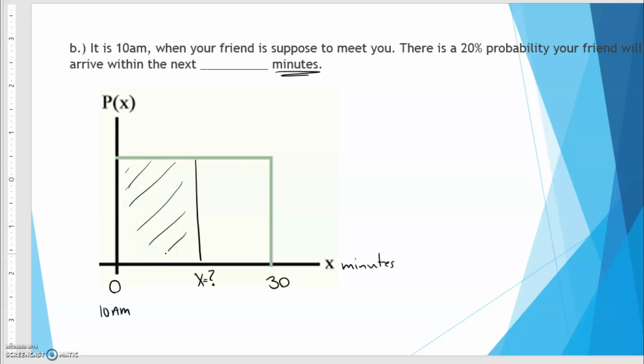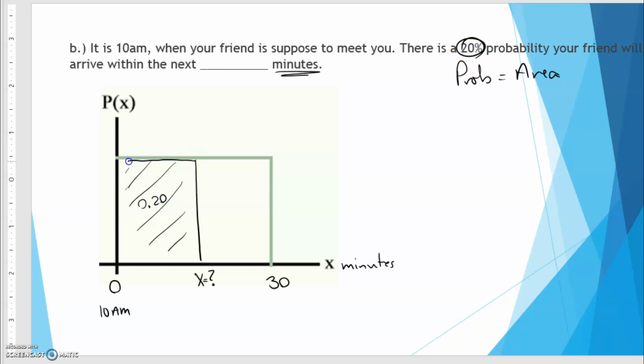Okay, so all of this in here, remember, probability is equal to area if we're talking about continuous distributions. So that means I have an area of 0.20. Just take this number and put it into a decimal.